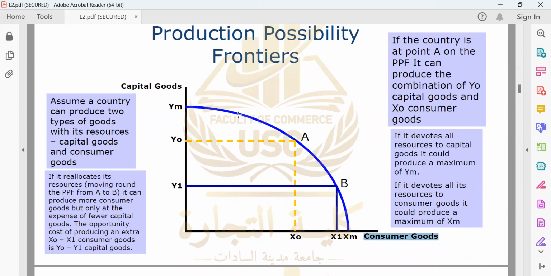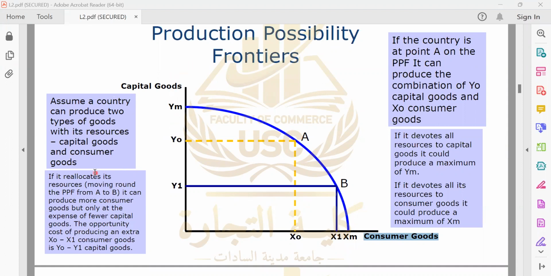So we draw a PPF, and the PPF has a slope, and its slope is the opportunity cost. This point shows us the maximum capital goods we can produce if we produce zero consumer goods, and this point shows us the maximum amount of consumer goods we can produce if we have zero capital goods.